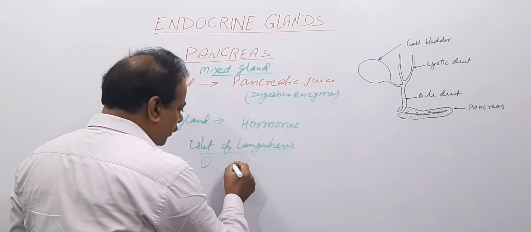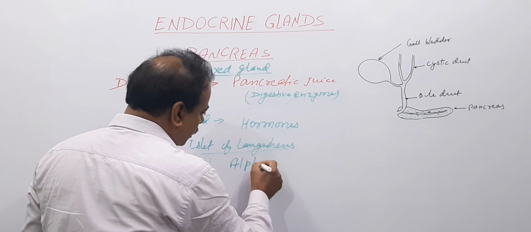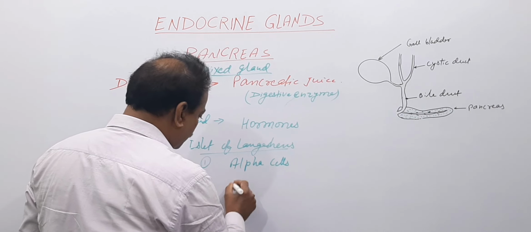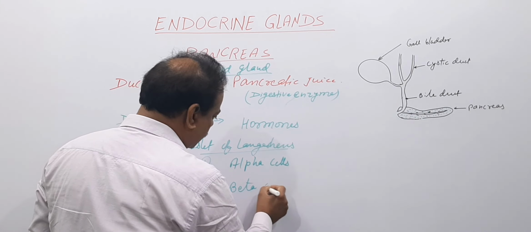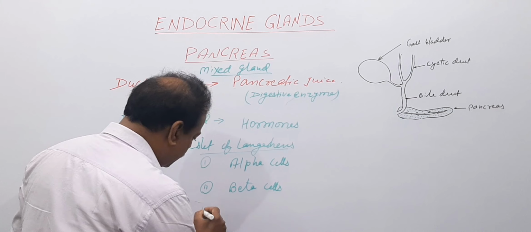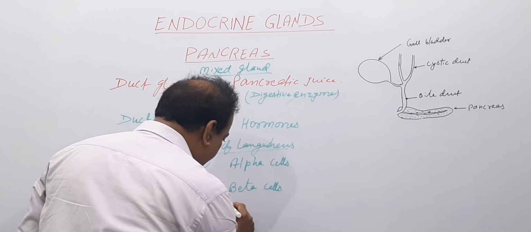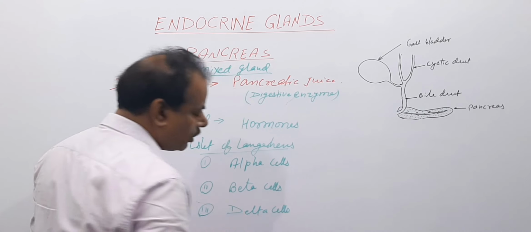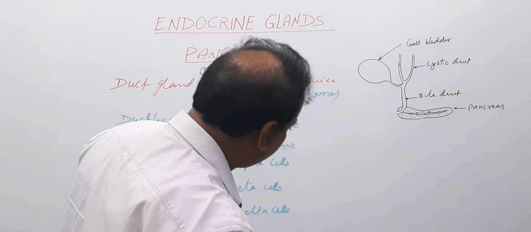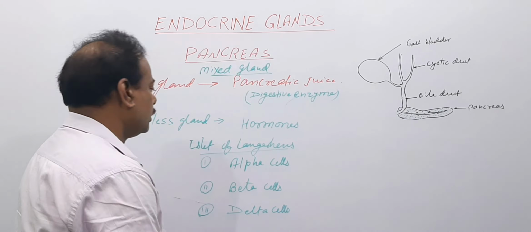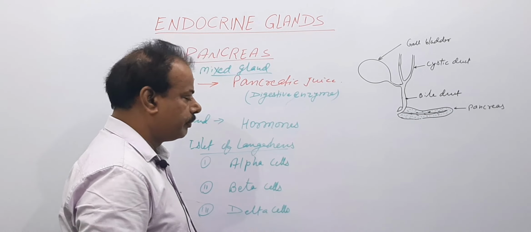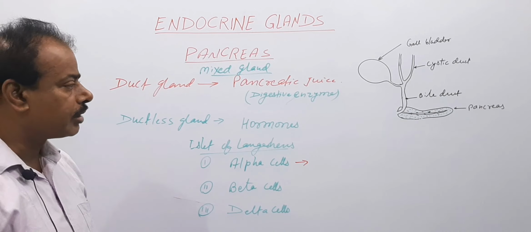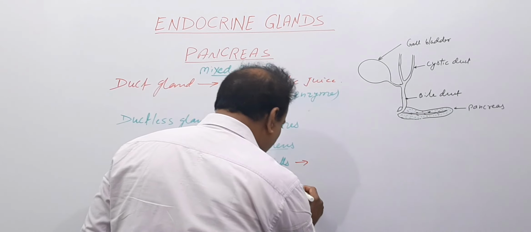These are number 1, alpha cells, number 2, beta cells, and number 3, delta cells. These three types of cells are the endocrine part of the pancreas.